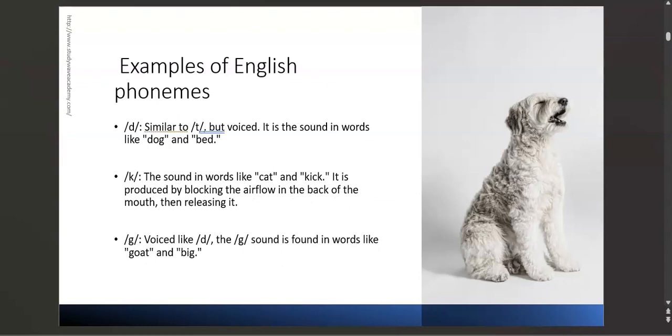We have other examples like D, K, G. D is a sound that's almost similar to T, but they are voiced differently. So we have D, K, T, G. So these are phonemes, these are sounds, and these are examples of phonemes, where I'm saying sounds, okay?